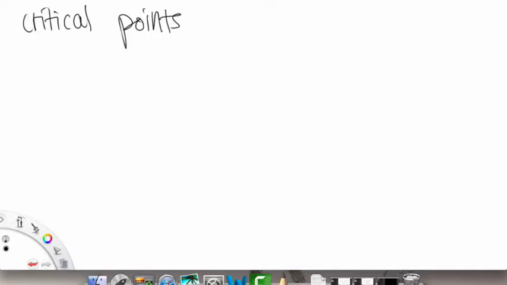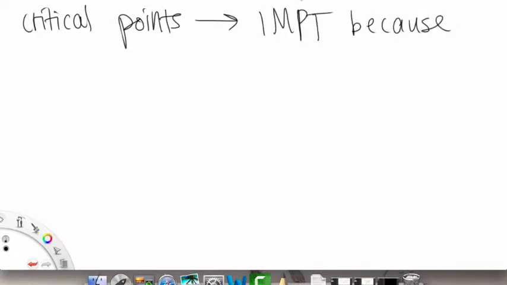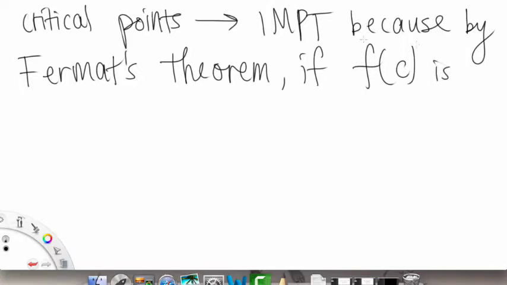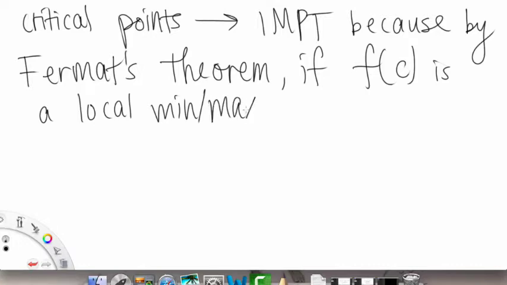They're important because by Fermat's theorem, I don't really know if I'm saying that right, we have that if f of c is a local minimum or a maximum, so if it's a local extrema of any sort, then by this theorem c is a critical point of f.